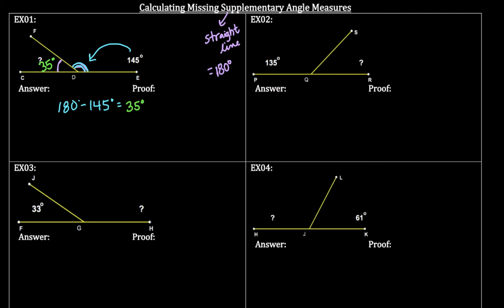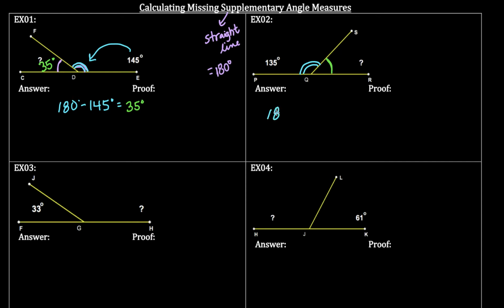Okay? So let's do this one. We know that this angle right here and this angle right here are supplementary angles. That means they add up to 180, or they create a straight line, right?